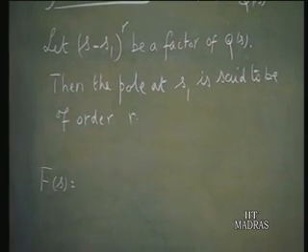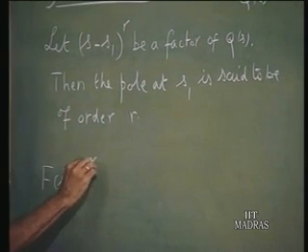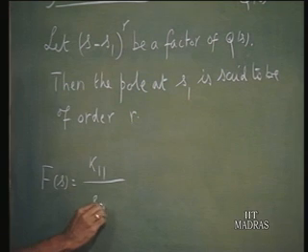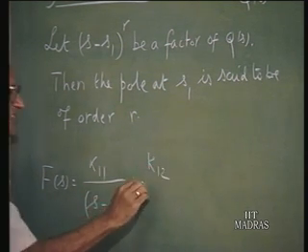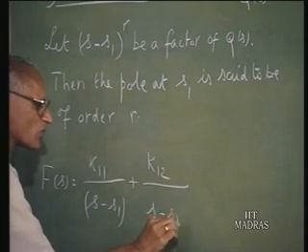corresponding to the pole at s equals s1. We can write this as k11 over s minus s1 plus k12 over s minus s1 whole squared.